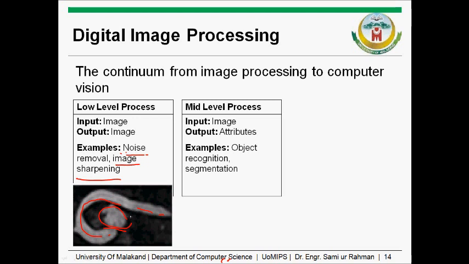Okay, then we have mid-level processes, and in this mid-level process, the input is an image, but the output is not necessarily an image. It can be some attributes.